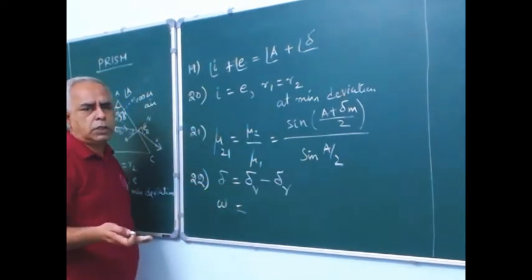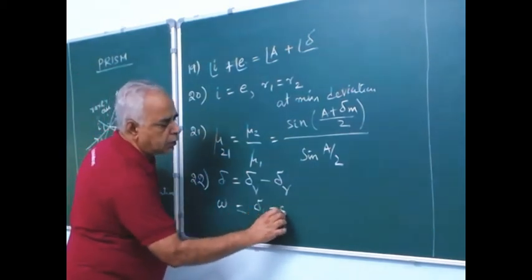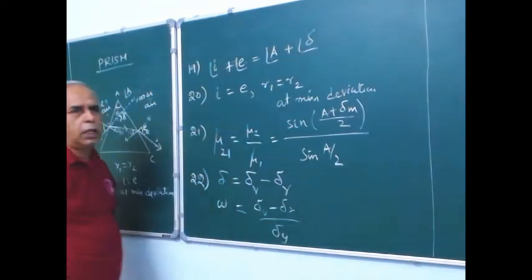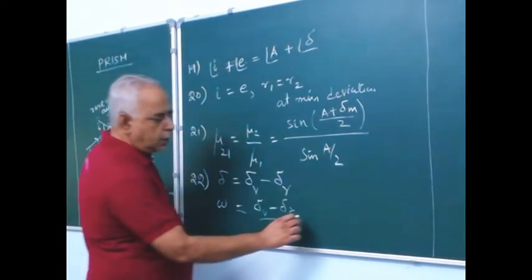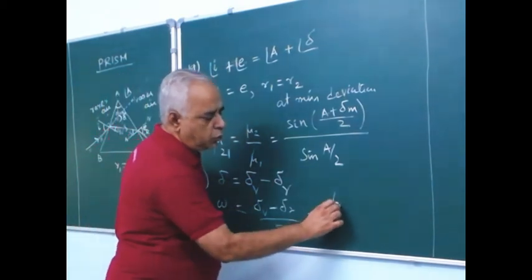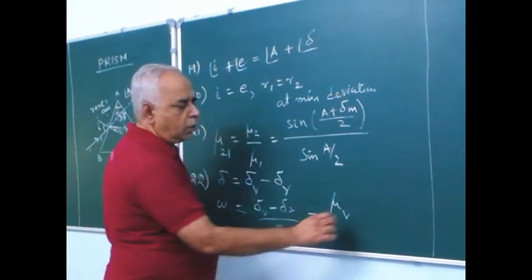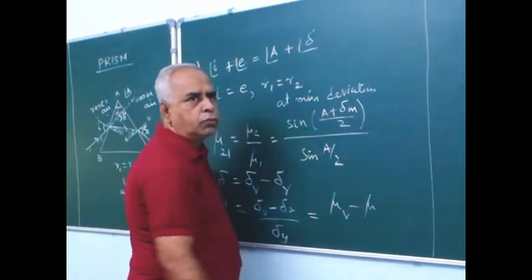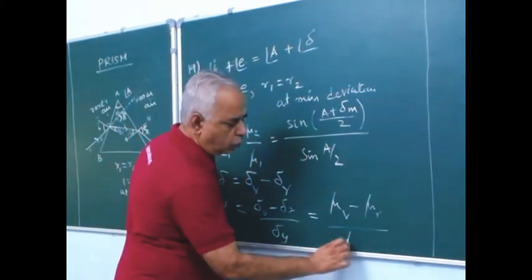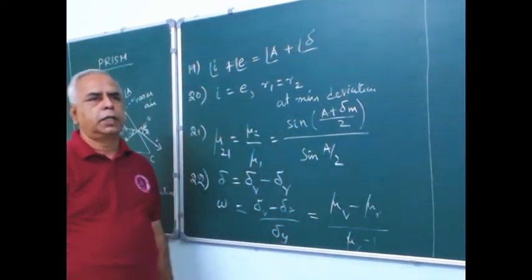Mean value here is y, that is yellow. So it can be (delta V minus delta R) divided by delta y. Y means the yellow ray. So that is equal to, in terms of refractive index, (mu V, the refractive index of the violet ray, minus mu R, the refractive index of the red ray) divided by (mu y minus 1).